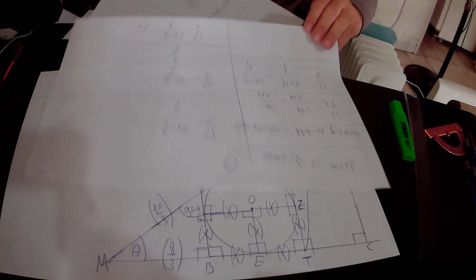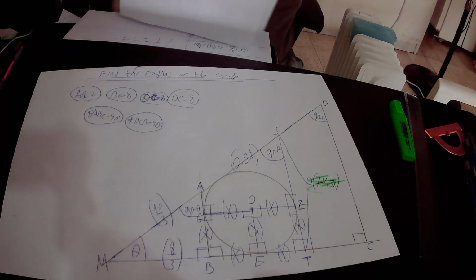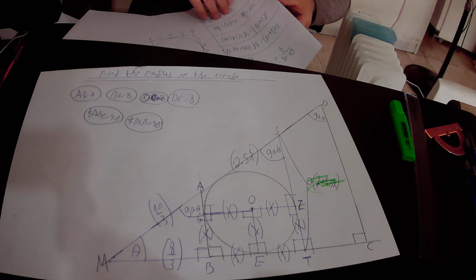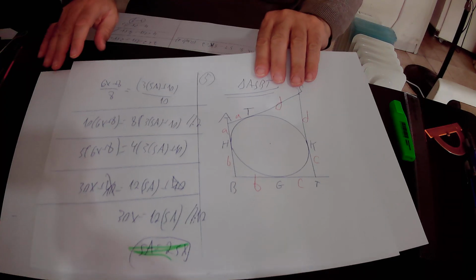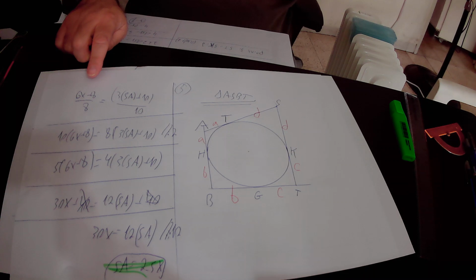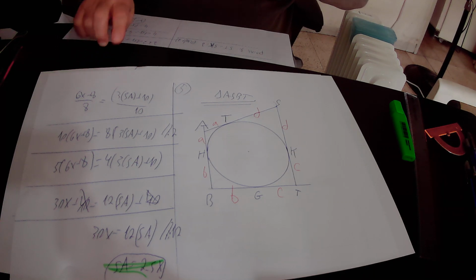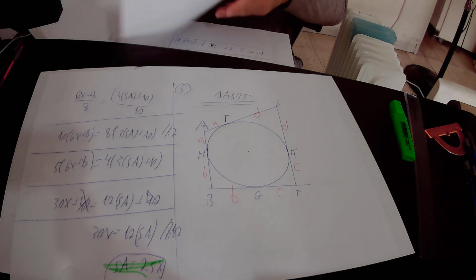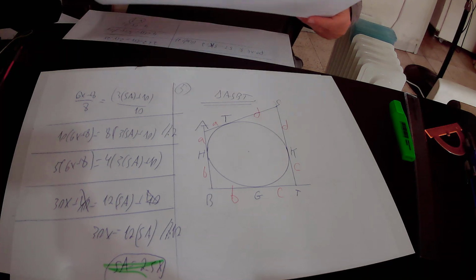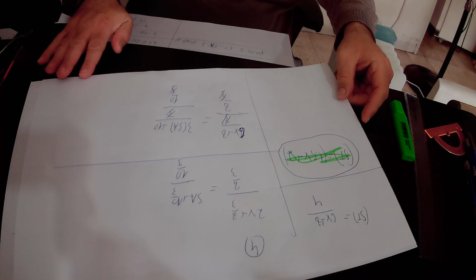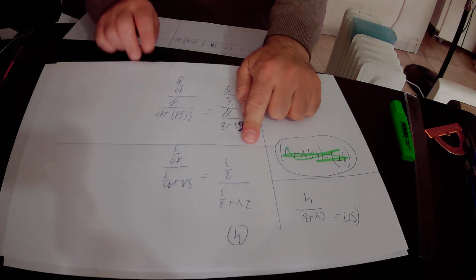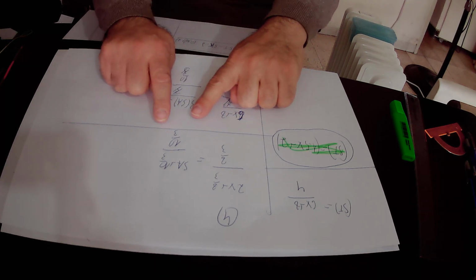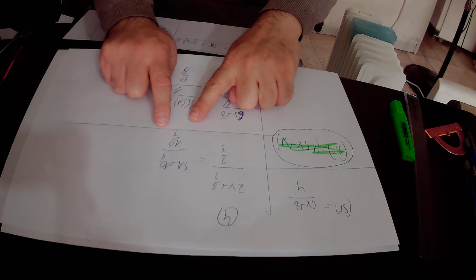So according to equation 2, 6x plus 8 over 8 equals, again according to equation 2, we found out that 2x plus 8 over 3 over 8 over 3 equals SA plus 10 over 3 over 10 over 3.